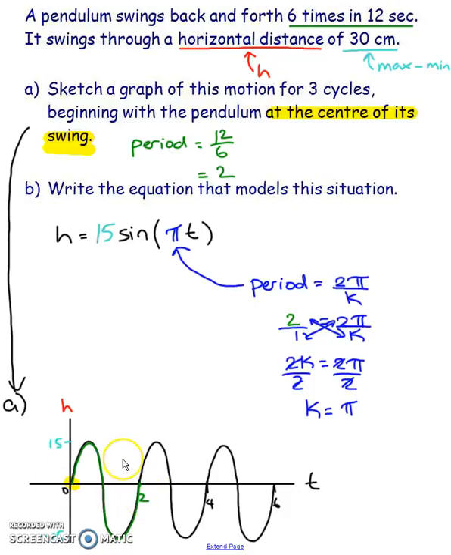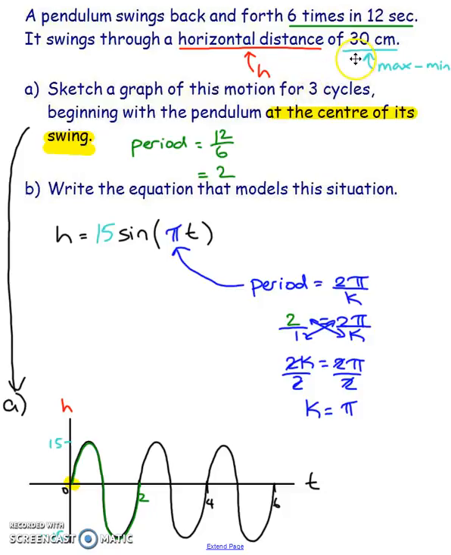It's going to help me calculate my K value for my equation, because the second problem actually asks us to create the equation for this situation. So if I take the period of 2, I'm going to put it into the equation, and 2 is equal to 2 pi over k. Cross multiply and solve, and you'll get k equals pi. So this number is the one that's going to go into our K value.